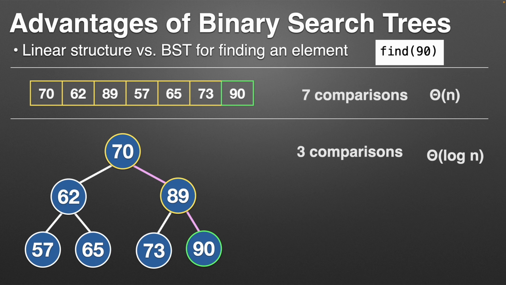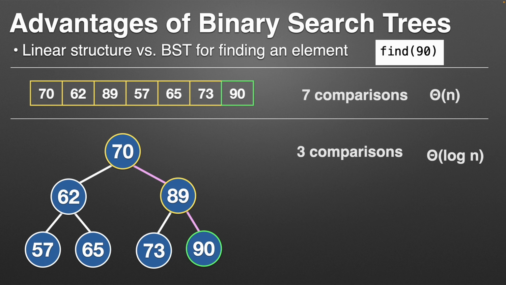Our go-to example has been if we're trying to find an element in a collection of elements, and let's say we've got an array, if we're just going to scan this array and look for, in our case, 90 here, we'll have to scan everything in the array before we get to 90 because it's at the end, which is almost the worst case. The worst case would be it's not in the array, so we have to scan everything.